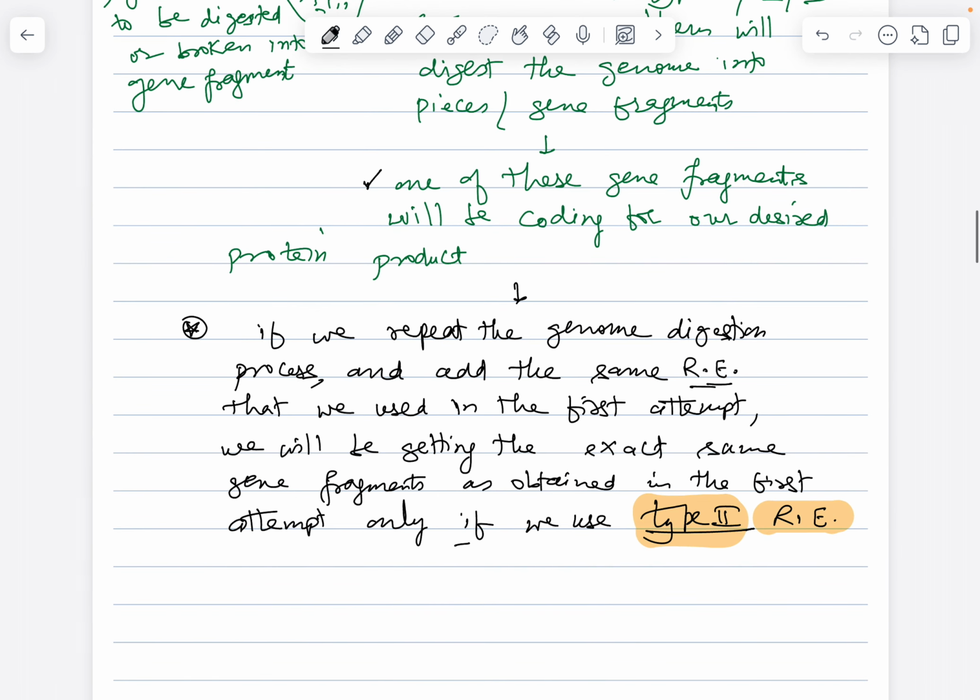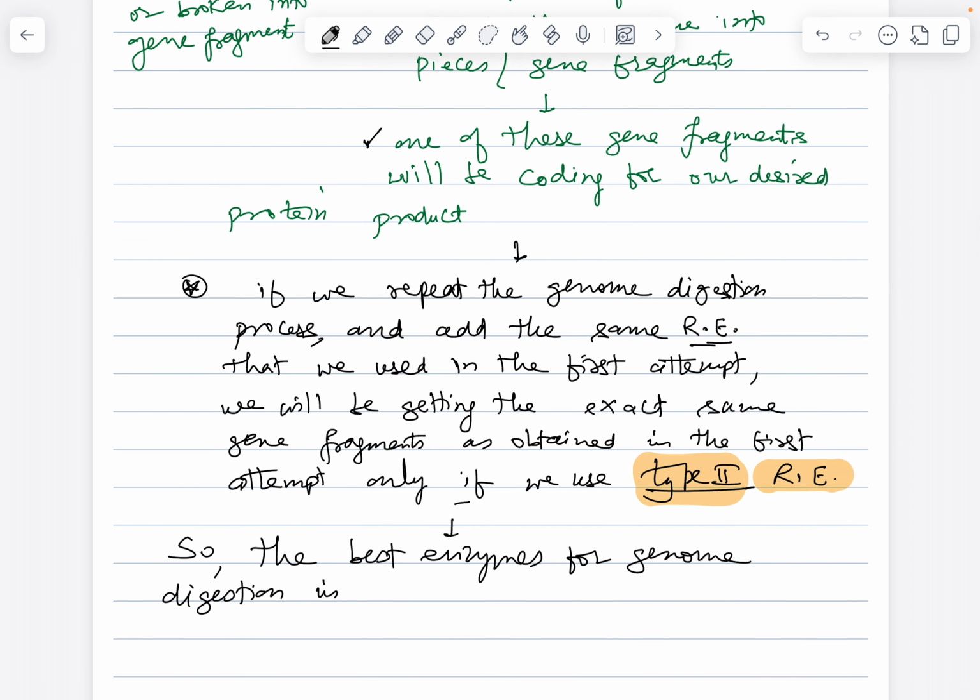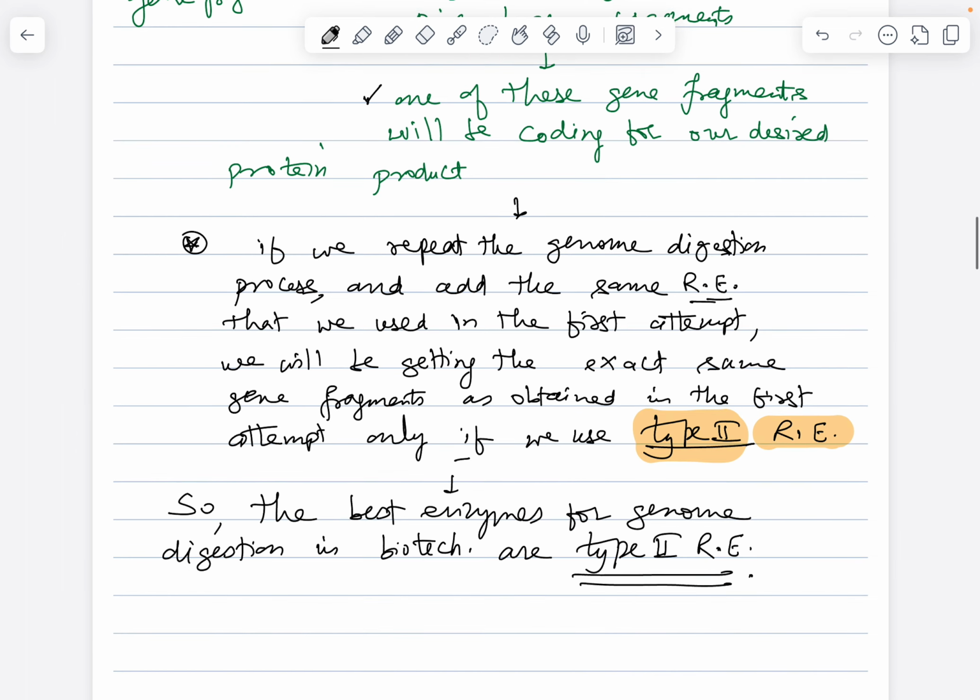So this brings us to the conclusion that the best enzymes for genome digestion in modern biotechnology or genetic engineering process are type 2 restriction endonucleases. So that's it, guys.